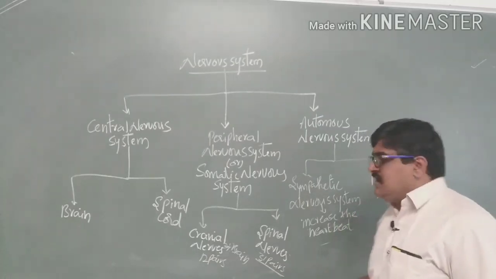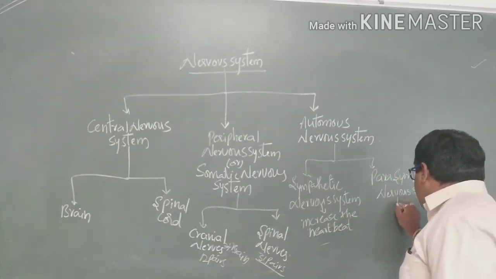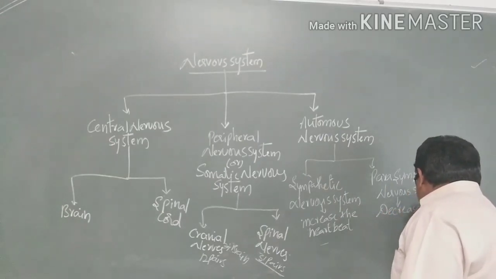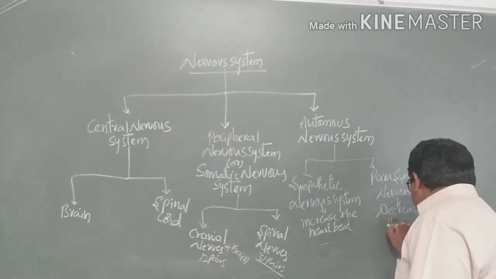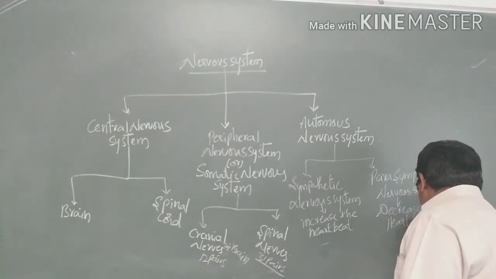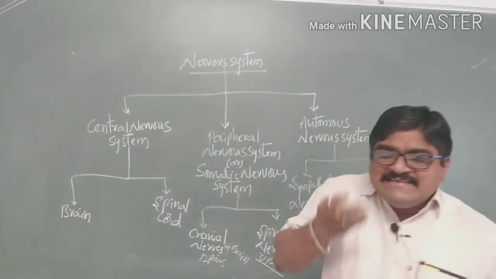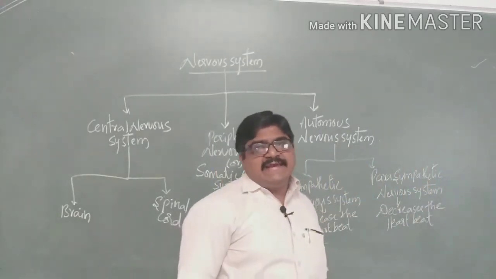So the parasympathetic nervous system decreases the heartbeat. That means one is increasing and the other is decreasing.